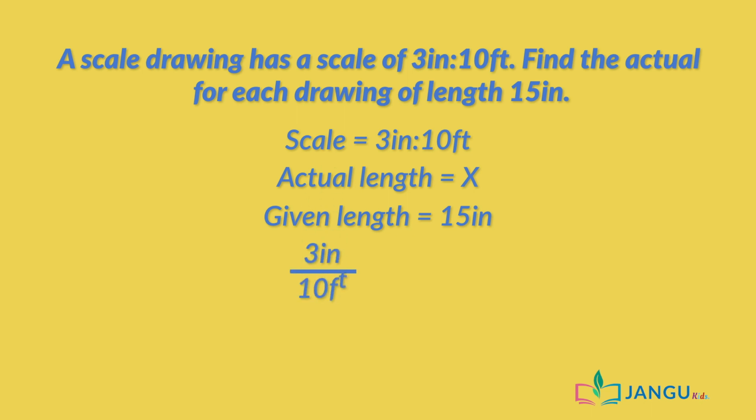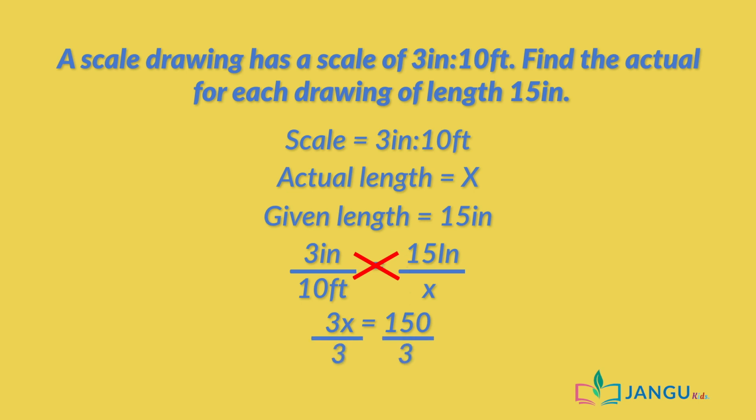3 inches divided by 10 feet is equal to 15 inches divided by x. Cross multiply the equation. 3 inches multiplied by x and 10 feet multiplied by 15 inches. So we have 3x is equal to 150.